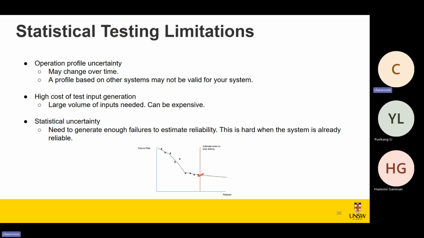So we can stop testing when the failure rate is low enough. So although it has many limitations, it could help us to observe the failure rates of the system, to observe the reliability of the system, and once we think that the system is reliable enough, we can stop testing and release the software.